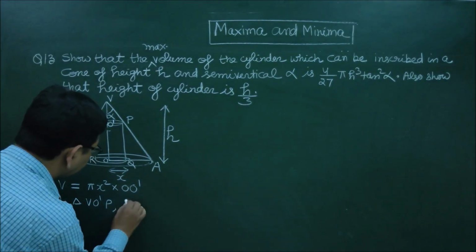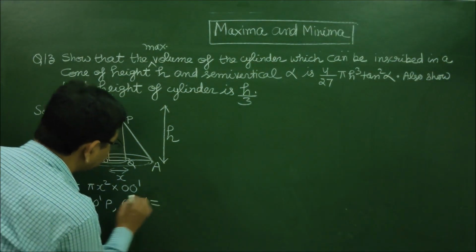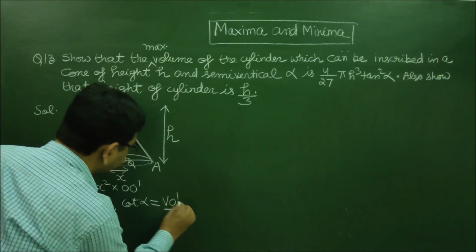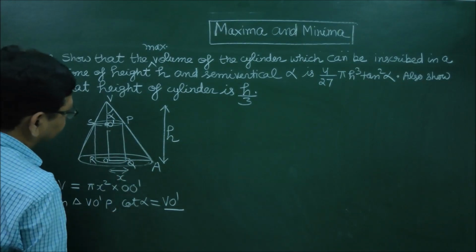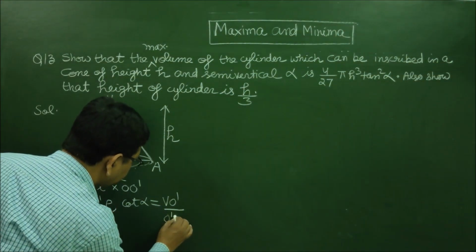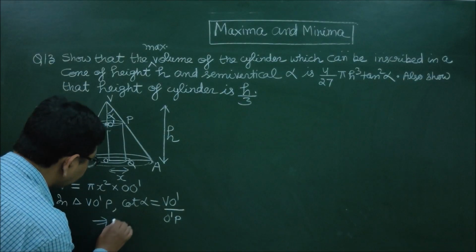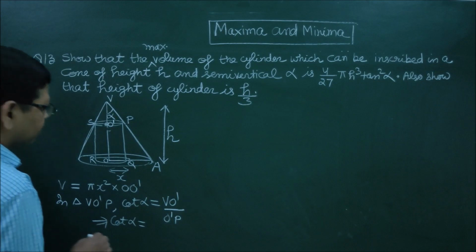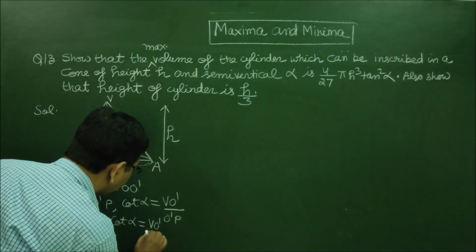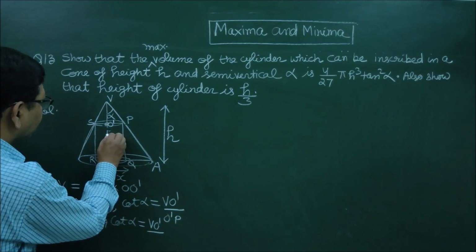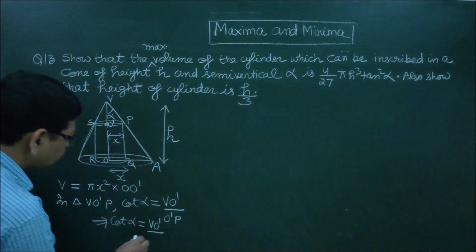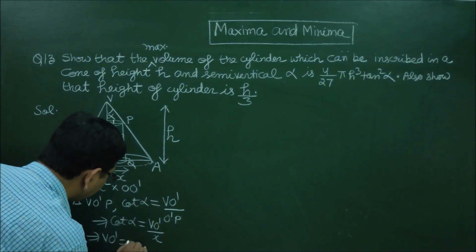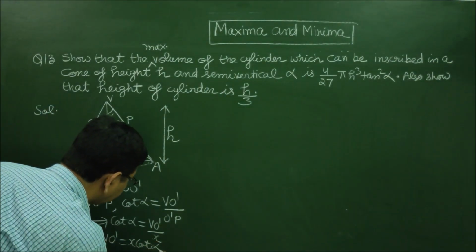So cot alpha is equal to VO dash upon O dash P. O dash P is x. So the value of VO dash is equal to x cot alpha.